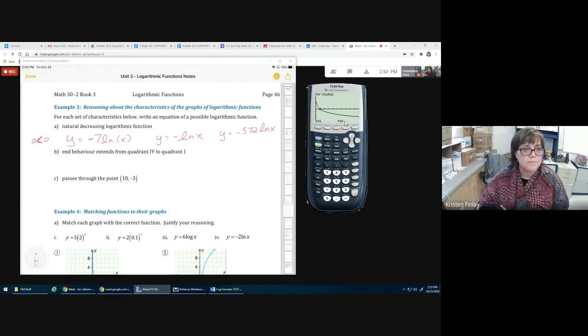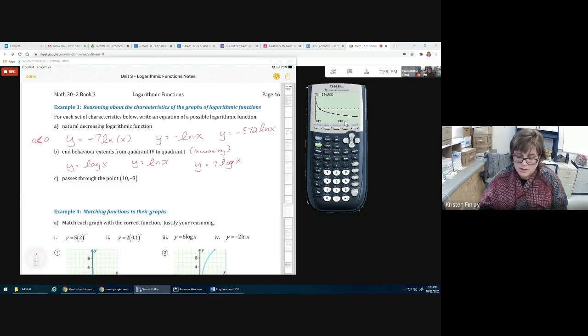End behavior extends from quadrant 4 to quadrant 1. So if it's going from quadrant 4 to 1, it's increasing. And it doesn't say whether it's a natural log or another kind. So y equals log x, that will work. y equals natural log x. y equals 7 log x.